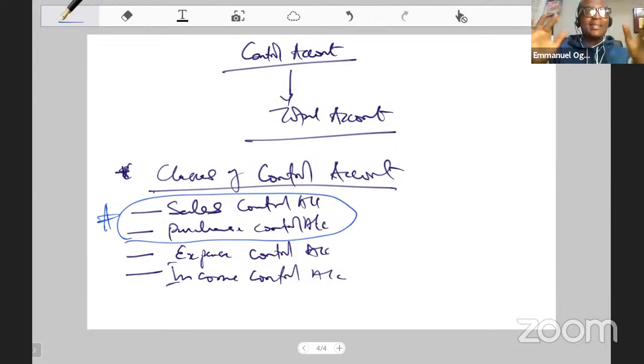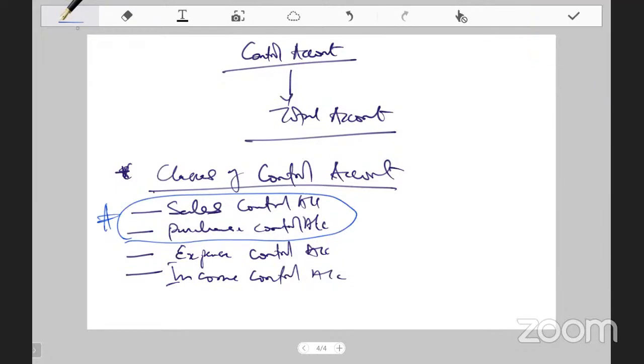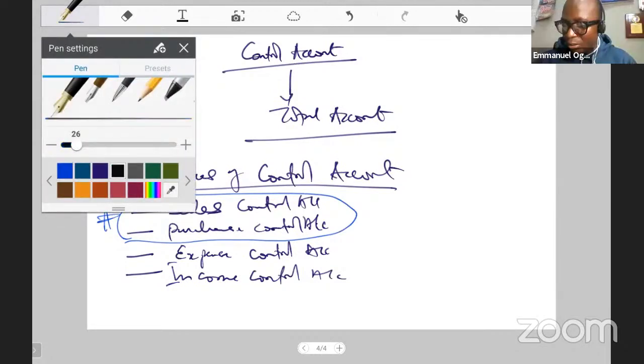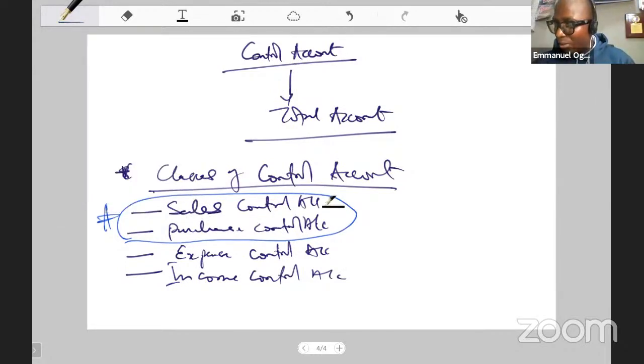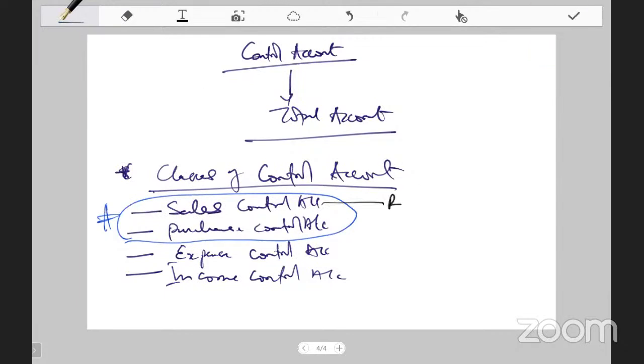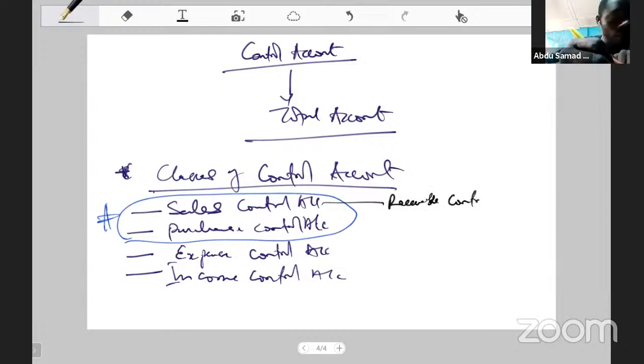We said that there are classes of control account, in which we have looked at sales control account, purchases control account, expenses, and that. But for this class, we'll be looking at sales and purchases control account. Note very well that the sales control account can also be referred to as receivables control account.